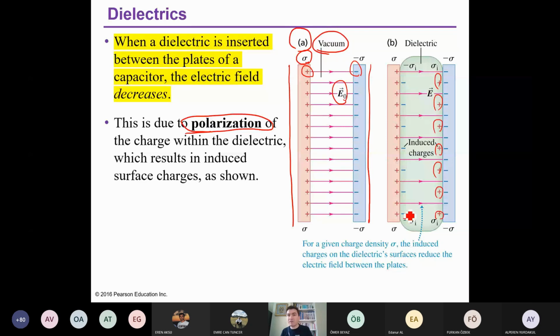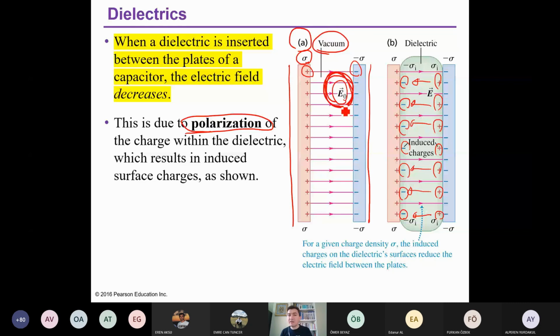You can consider that there will be an opposite electric field within the dielectric material. The direction of this induced electric field is opposite to the initial electric field. At the beginning, we had this electric field, E0, and due to the induced charges, we have new electric fields within the dielectric.